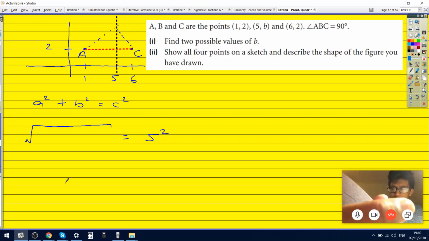Is it b minus 2 squared as one of them in a bracket, and b minus 2 and 5, is it? Okay, so if we use B, basically the length of this line must provide this B.